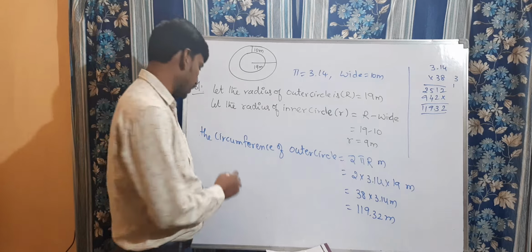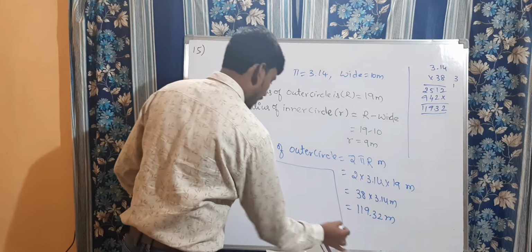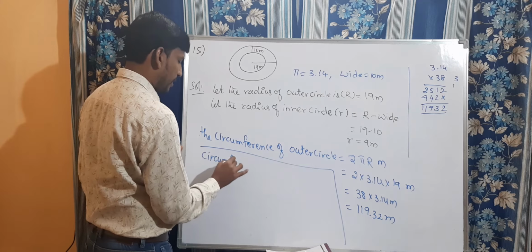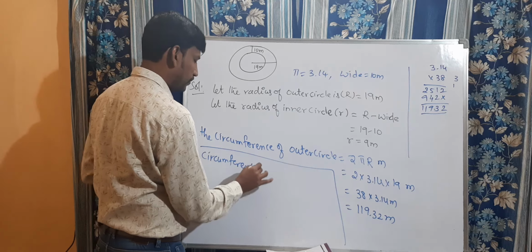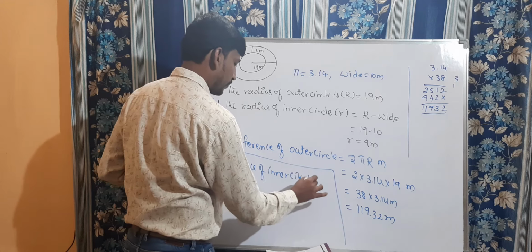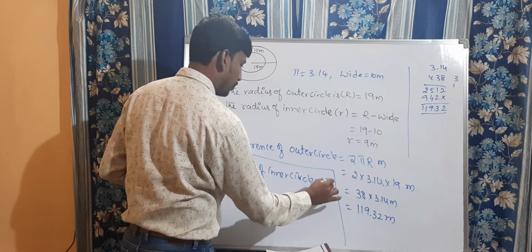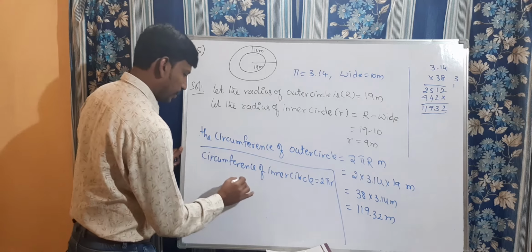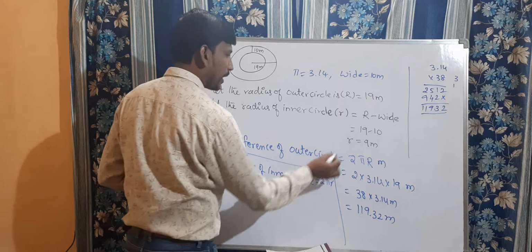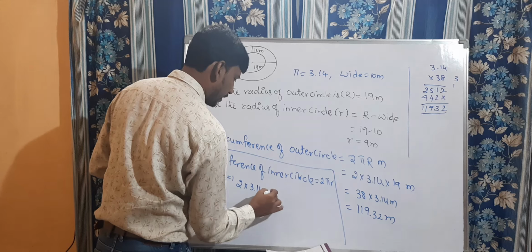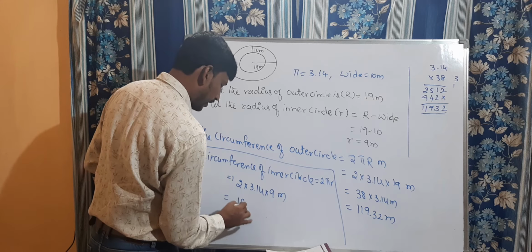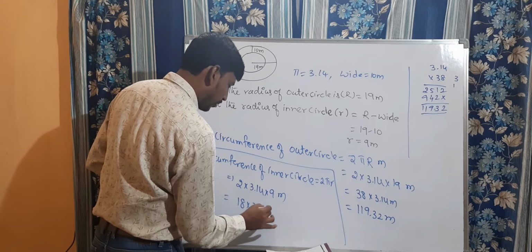Now we need to find the circumference of the inner circle. Okay. Now the circumference of the inner circle is nothing but 2 pi small r. So we know that is 2 into 3.14 into the inner radius, which is nothing but how much? 9 meters. Okay. Now which implies 2 9s are 18 into 3.14 meters.